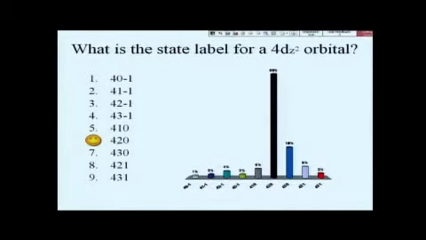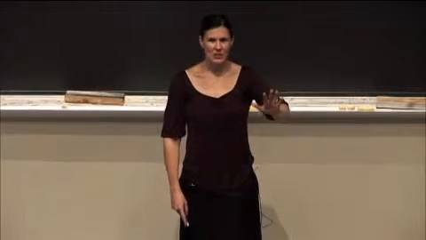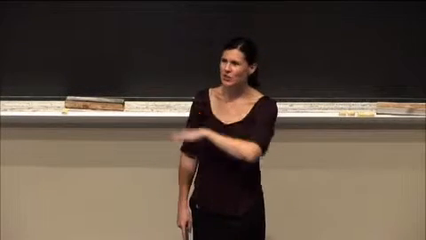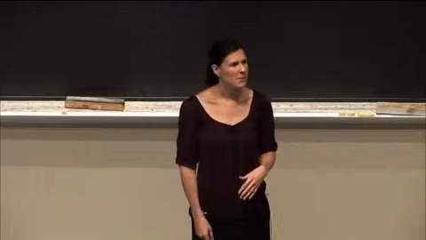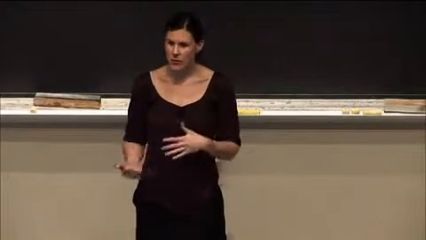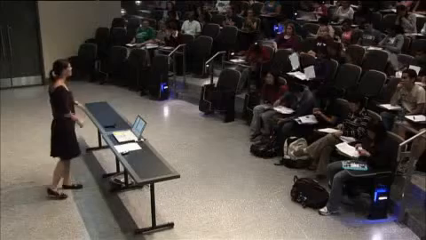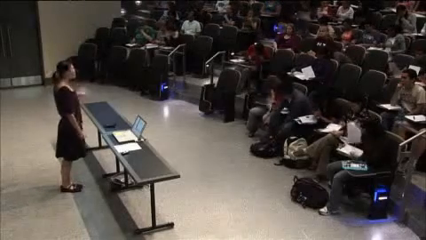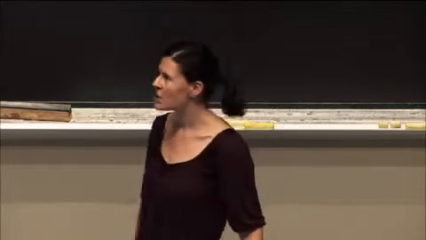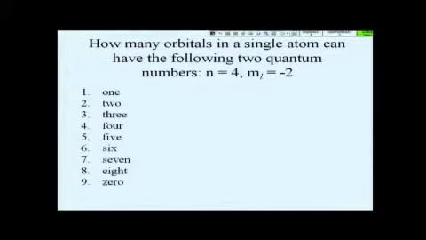That's important, and we're actually going to get a little bit deeper in our clicker questions here, since when you do your problem set, it won't be quite this straightforward. You'll actually be thinking about how many different orbitals can have certain state functions or certain orbital names. So let's go to a second clicker question here and try one more.